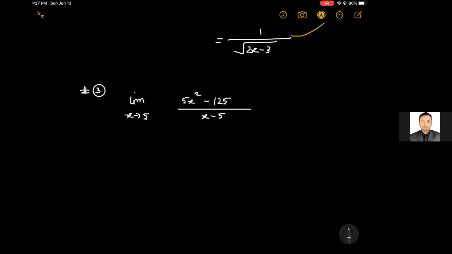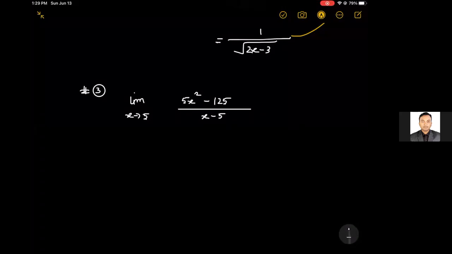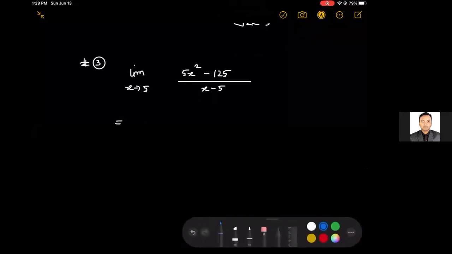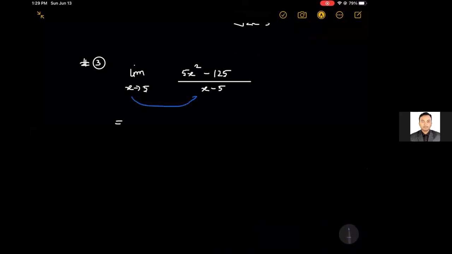Now, we can actually start factoring out. So what can we factor out? Let's see. First of all, as I said, you can plug in the value in place of x if and only if this expression is defined. It doesn't give you any undefined value.